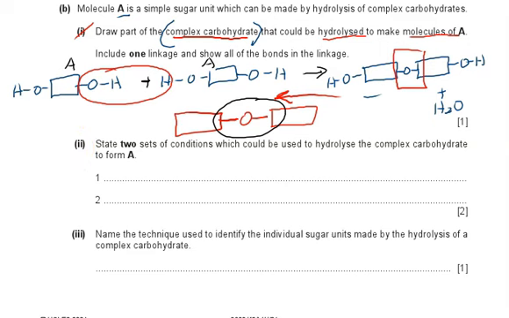Okay, now for number 2, state two sets of conditions which could be used to hydrolyze the complex carbohydrate to form A. One is by using an enzyme. Another one, you have to use acid, and then you need to heat it up.